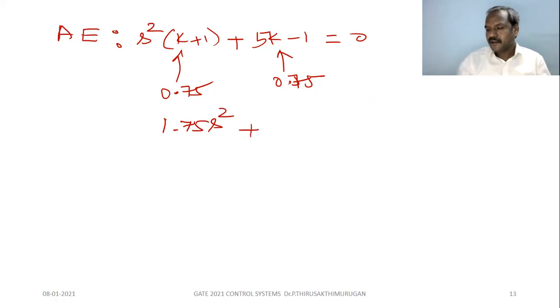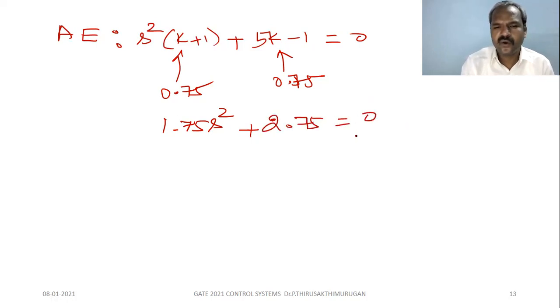Then 5k minus 1, k into 0.75, 0.75 into 5 is 3.75. So 3.75 minus 1 is 2.75.